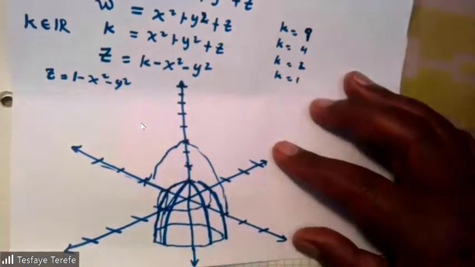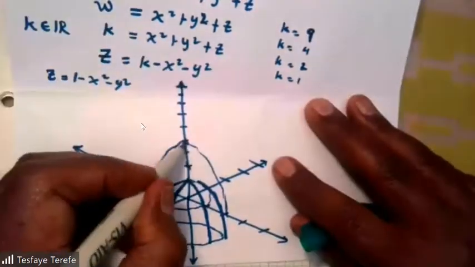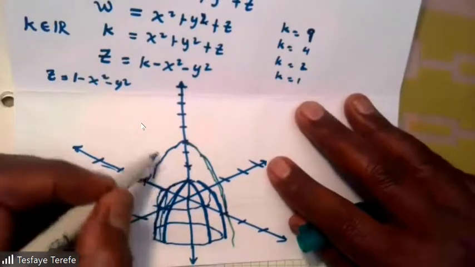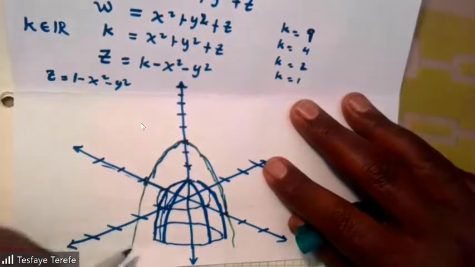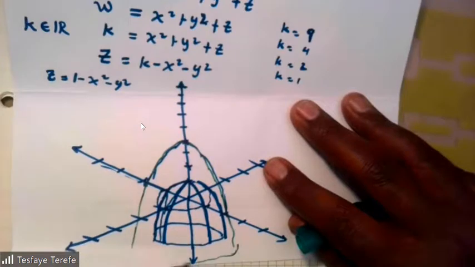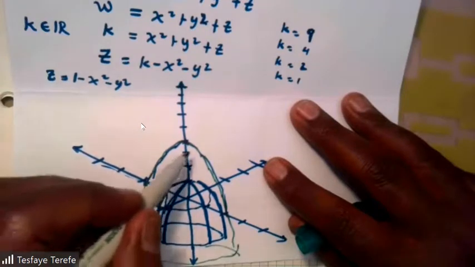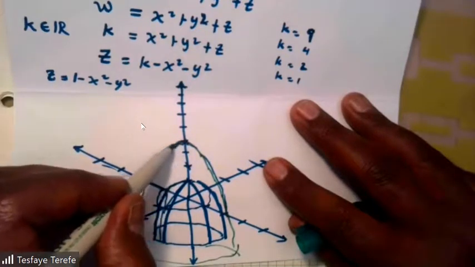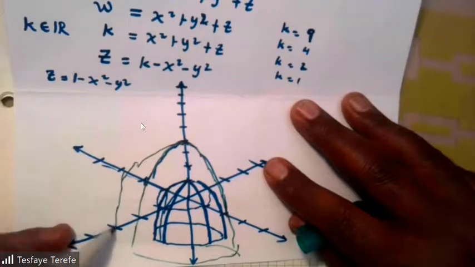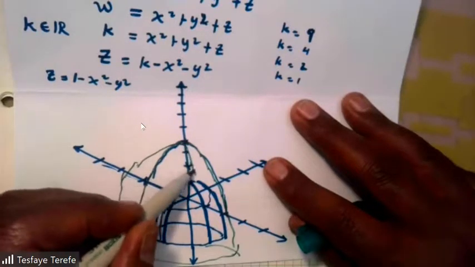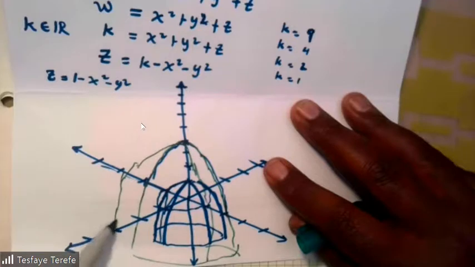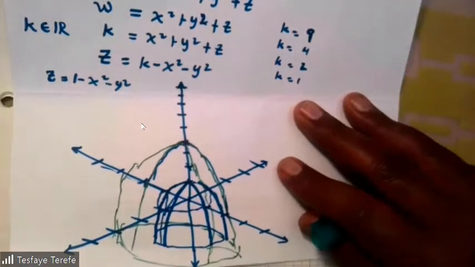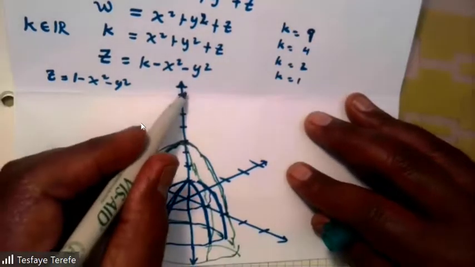Let me use a different color. And by the way, on the z-axis also, it will go this way. So you have this surface. All right. And then when it is 9, here it will be 9.